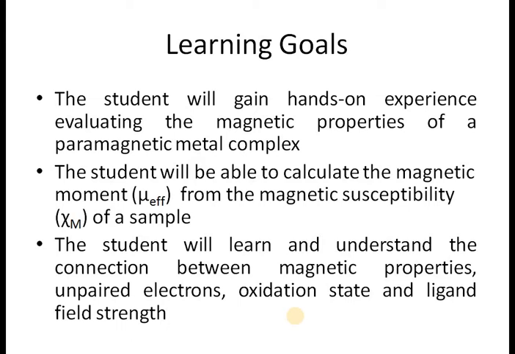Ligand field strength. Ligands are of two types: strong field ligand and weak field ligand. Strong field ligands have paired electrons, and weak field ligands have unpaired electrons.